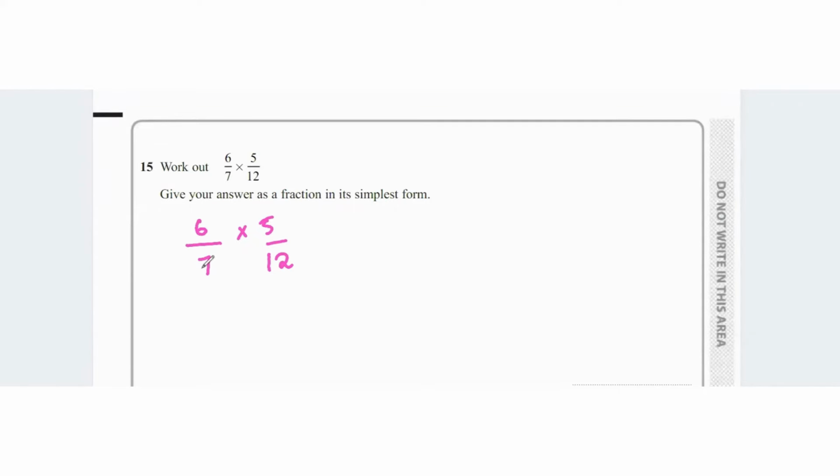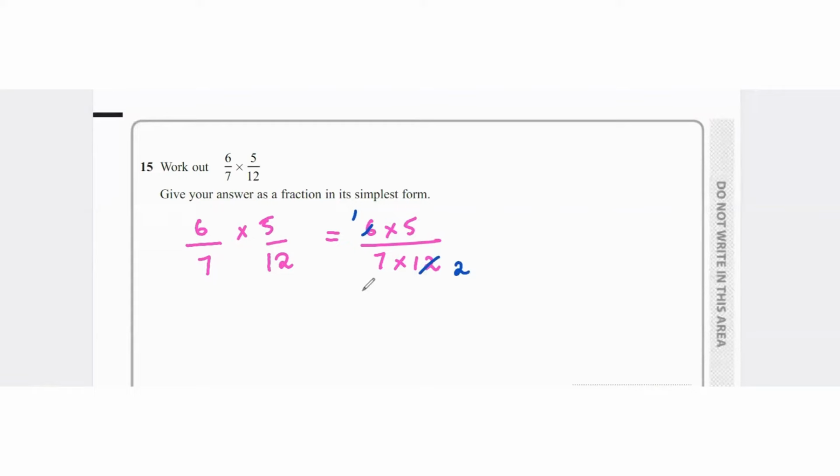When you're simplifying fractions and they're being multiplied, you can simplify not just vertically, but diagonally as well. So if we rewrite this as 6 times 5 over 7 times 12, we can see that 6 is being divided by 12. We know 6 ones are 6 and 6 twos are 12.